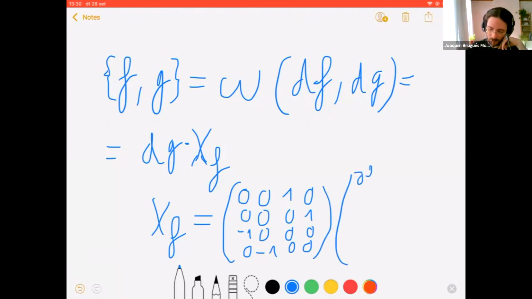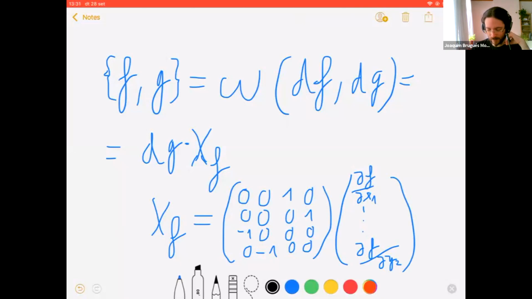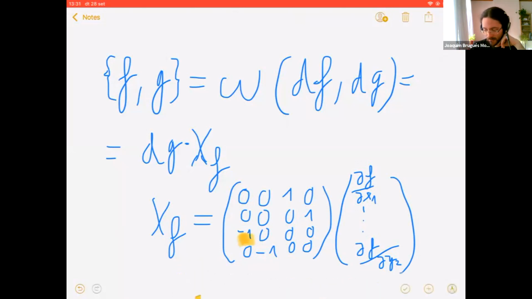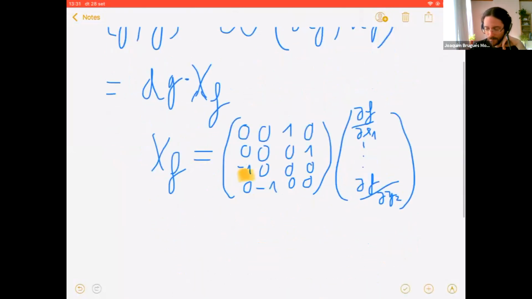So partial of f with respect to x1, and so on and so forth until partial of f with respect to y2. Right. So this is mainly the idea that you are pairing the x coordinate with the y coordinate and the corresponding index. So everything here is just one way to look at this.